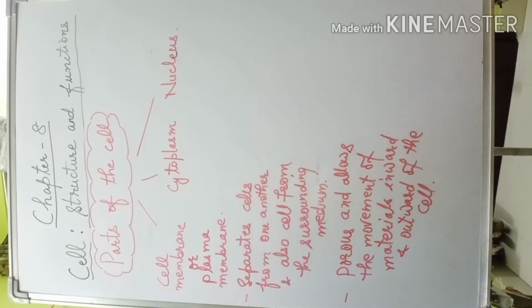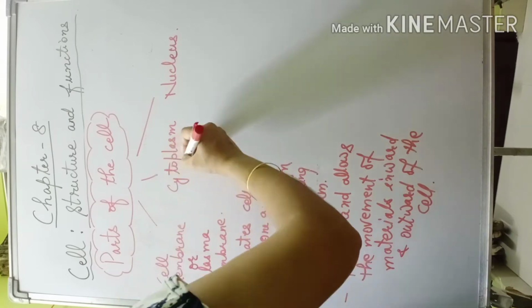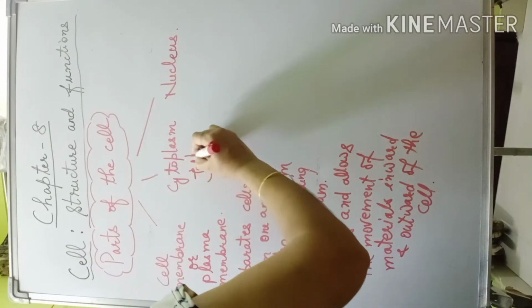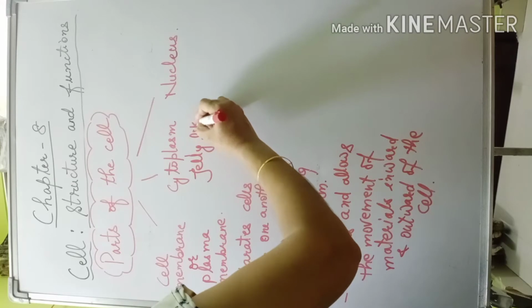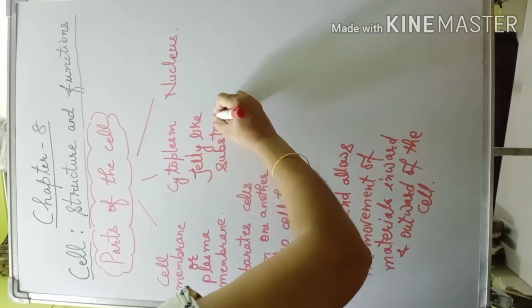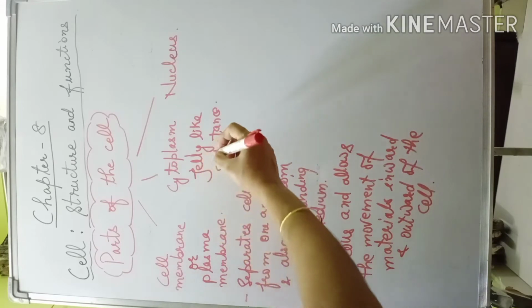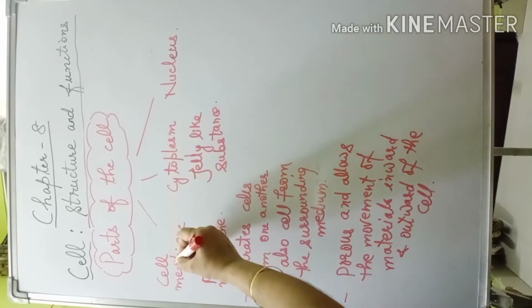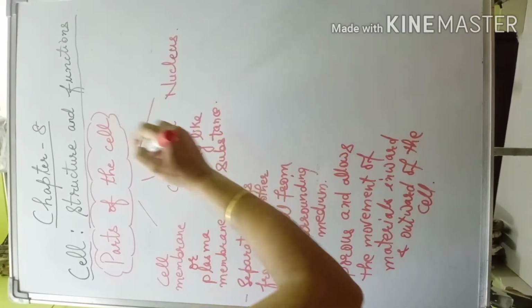Then what is cytoplasm? Cytoplasm is a jelly-like substance between the cell membrane and the nucleus.